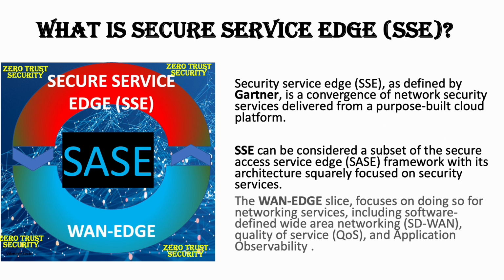One is a network component called WAN Edge, which includes SD-WAN as well as quality of service and application observability. The other component is the Secure Service Edge, called SSE, which defines the security component of the overall SASE platform. So in a nutshell, SSE is the security component of the SASE framework.